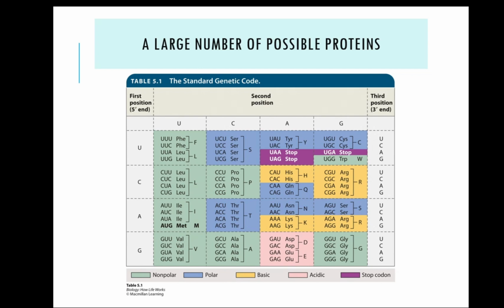Because you can make so many possibilities. And when we talk about regulation in a minute, we can also modify these amino acids. So there's even more potential for different amino acids, different protein configurations.